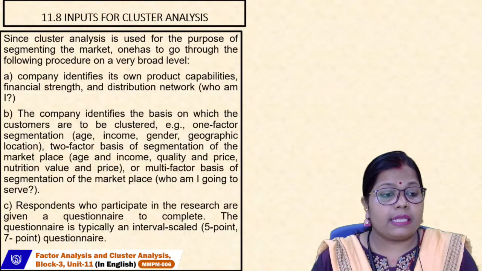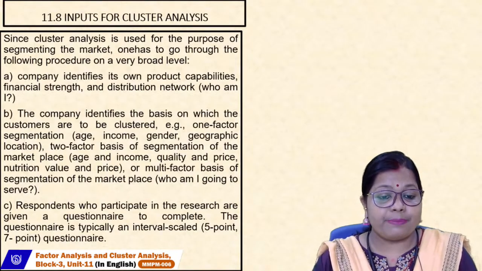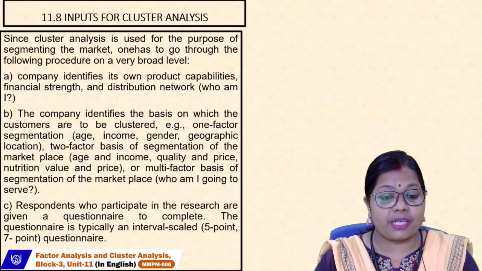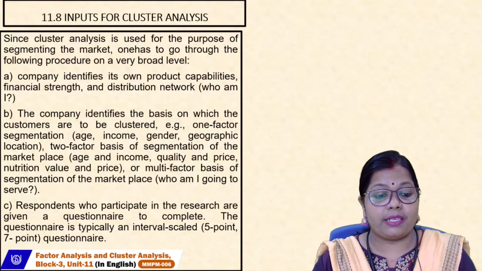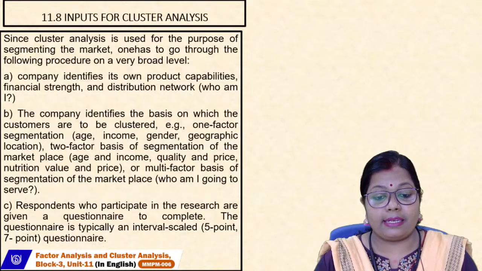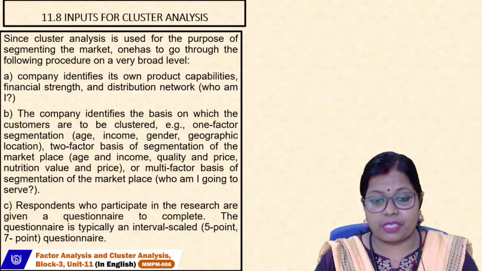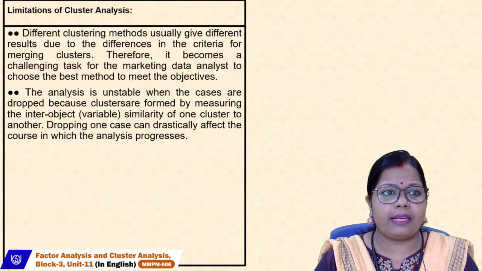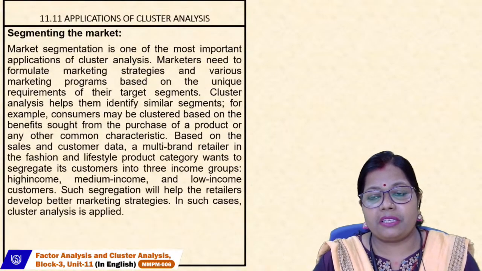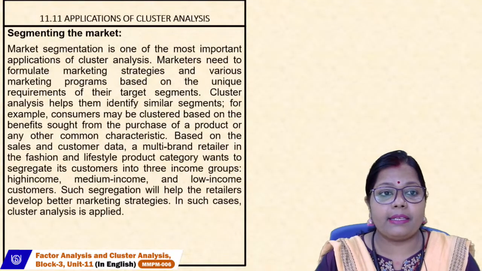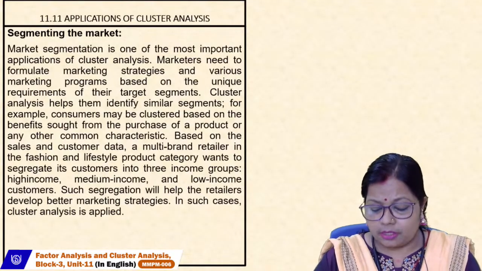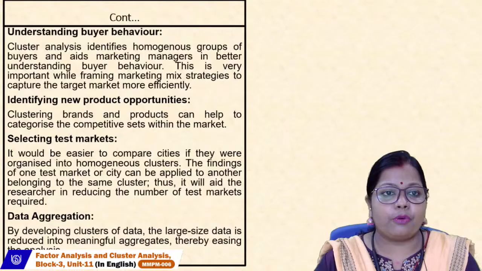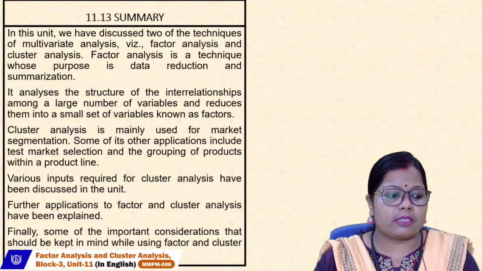Third, the respondents who participate in the research are given a questionnaire to complete. The questionnaire is typically on an interval scale, a 5-point or 7-point questionnaire. These are the things to be kept in mind before clustering, or segmentation of the market, before concluding the marketing research.